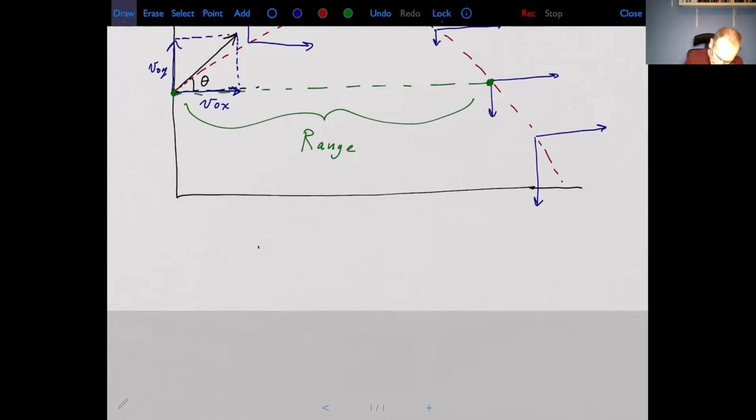Usually we call R the range. It depends on how fast the ball is being launched, which kind of makes sense. In fact, it's v naught, the launch speed squared. It depends on the angle, which is what we're interested in this lab. It's a little more complicated: it's sine of 2 theta. That's the angle dependence. And it depends on how strong gravity is, so it depends on the acceleration due to gravity, which is g.